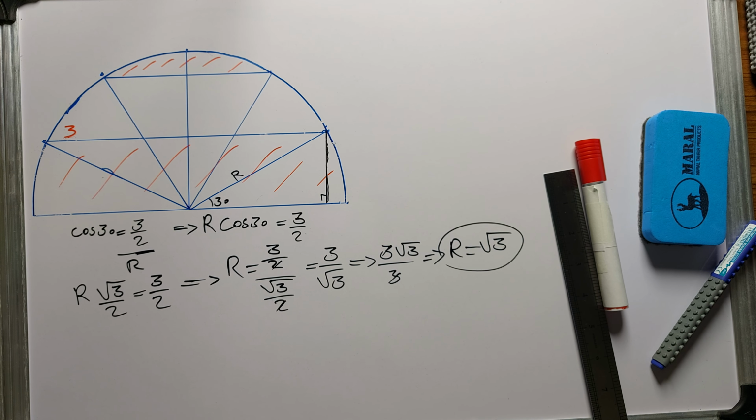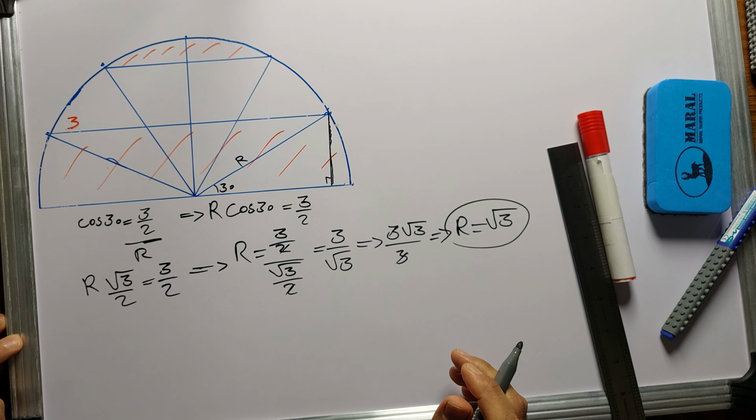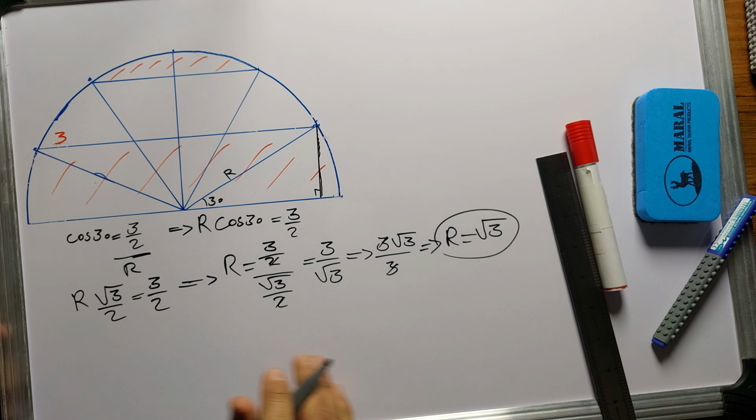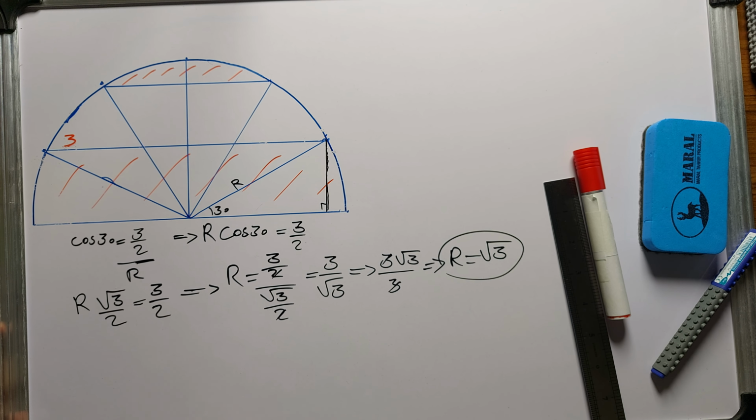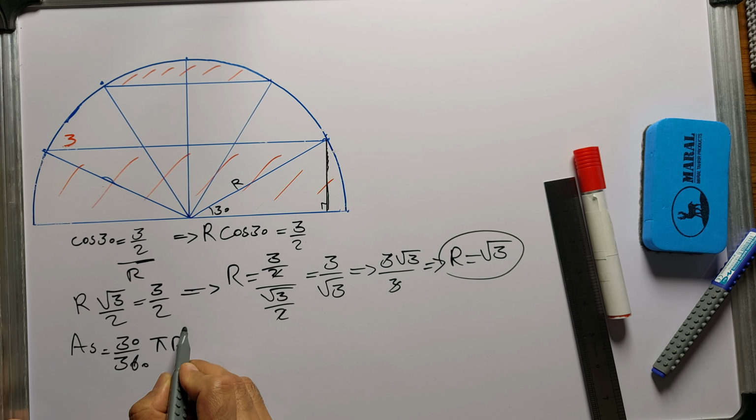So let's see what we will find here. So the area of this slice, okay, I'm going to write it here. So the area of this slice equals 30 degrees over 360 pi r squared.